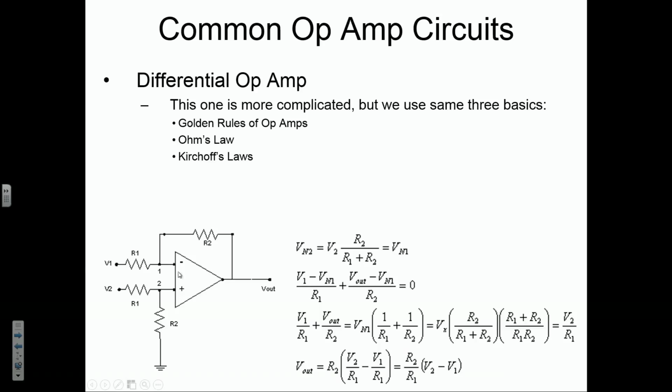So how do we solve this? Let's look at the voltage at node 2. It's equal to V2 times R2 over R1 plus R2. And how do we get that?